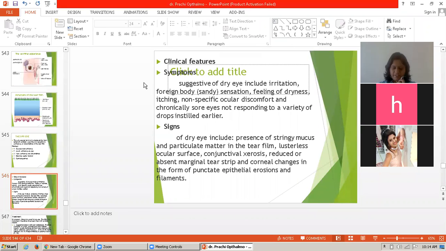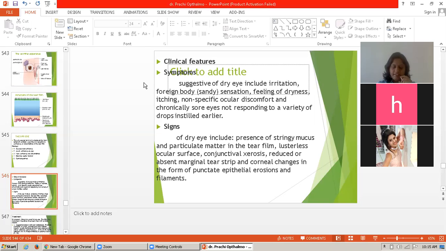Then the clinical features. Dry eye is a multifactorial disease of the tear and ocular surface that results in discomfort, visual disturbances and tear film instability with potential damage to the ocular surface, and it is accompanied by increased tear osmolality and inflammation of the ocular surface.